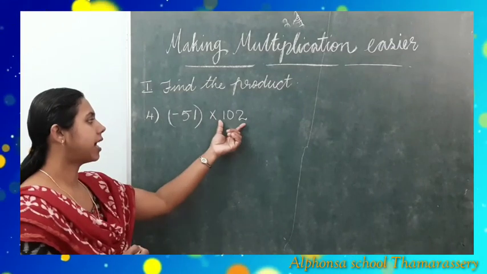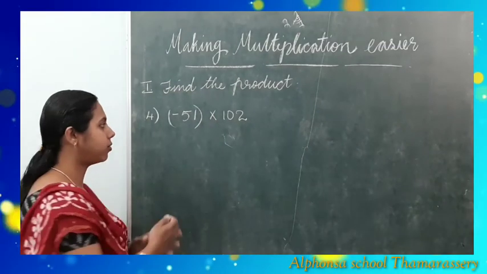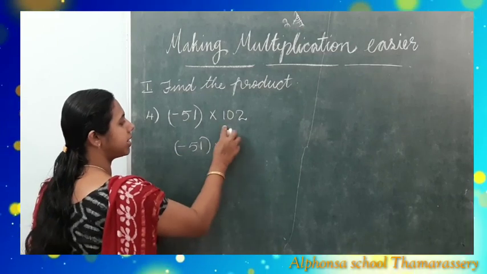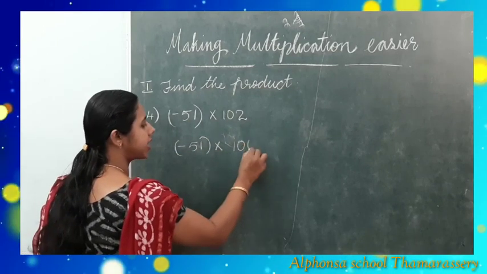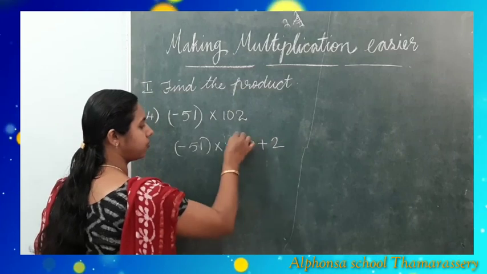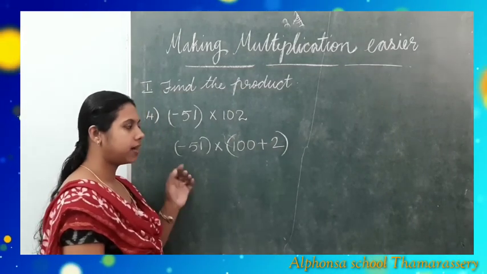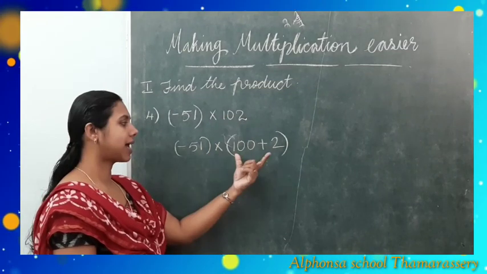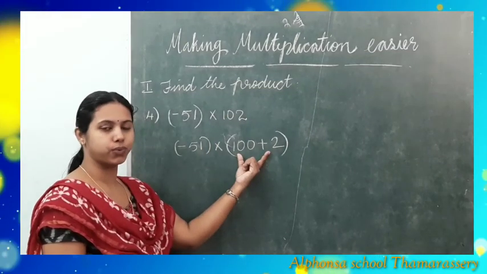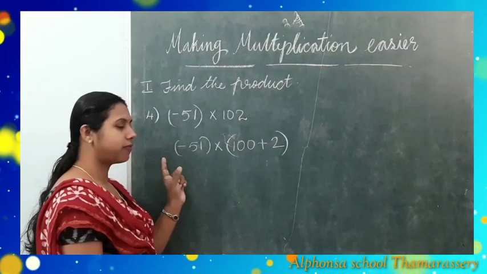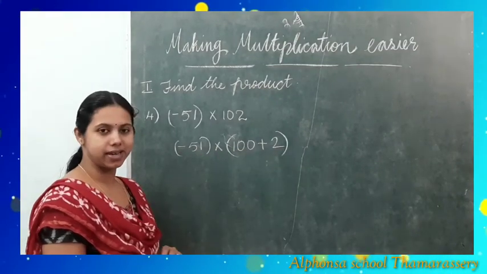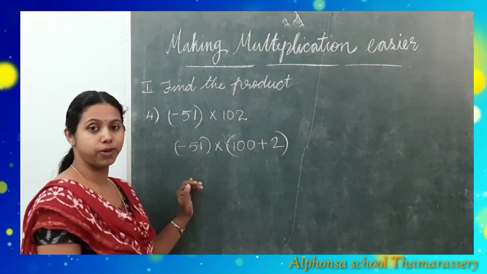Here we can split the 102 and write minus 51 into 102 as 100 plus 2. Minus 51 into 102, we wrote it as 100 plus 2. Now it will be in the form of A into B plus C. That is a distributive property.